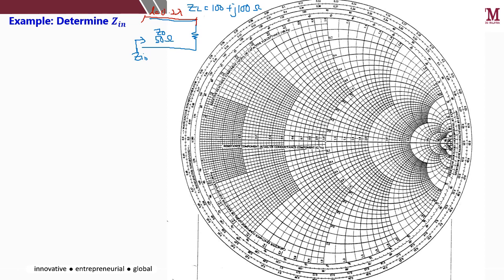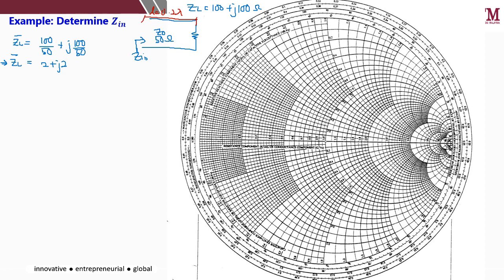Right, so the first step is to get the position or plot the point of your normalized impedance. So ZL bar equal to 100 divided by 50 plus j100 divided by 50. So your ZL bar equal to 2 plus j2.